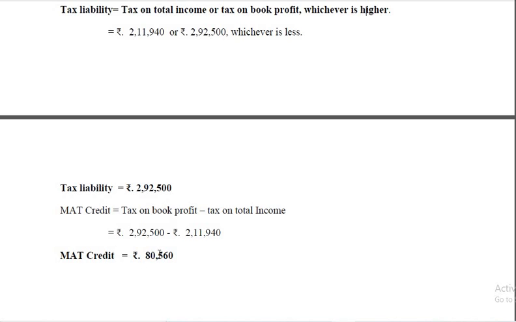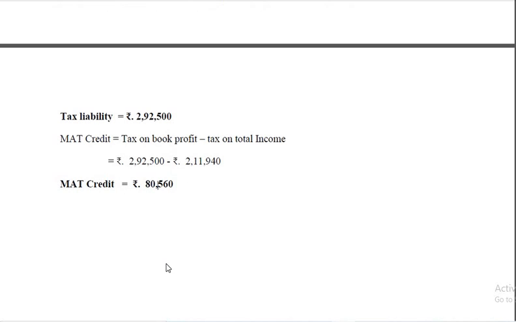So the difference is 80,560. Therefore, this is the MAT credit. This can be carried forward. Next year, in case tax on total income is more and MAT is less, then this credit can be used to reduce the tax liability.